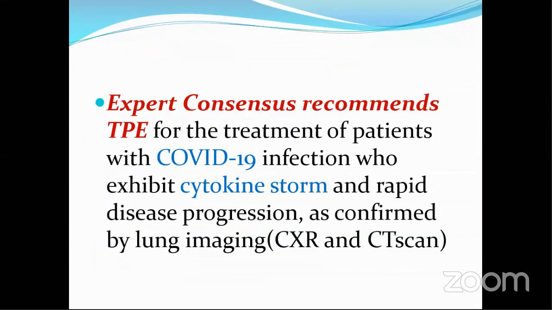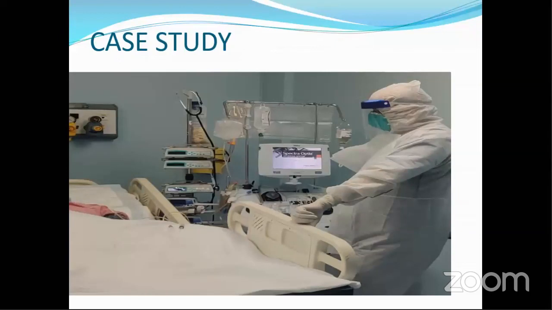Next. So the treatment is for patients with COVID-19 infection who exhibit a cytokine storm and rapid progression of the disease, and this will be confirmed with lung imaging, with bilateral infiltration, with X-ray or CT scan. Then next, this is the first case we did in Al-Imam Abdul Rahman Faisal.